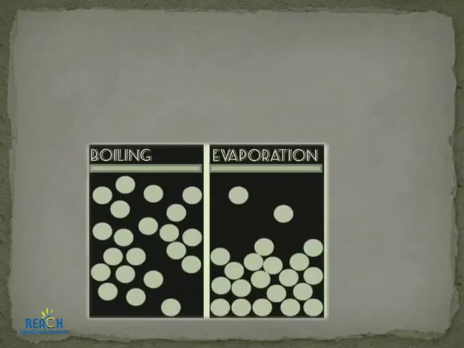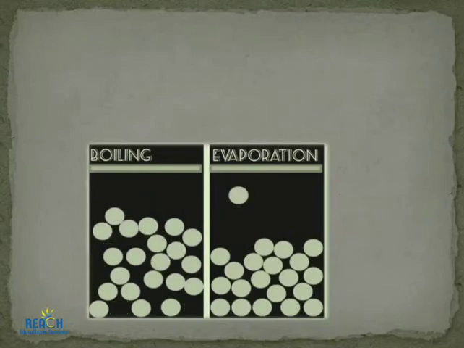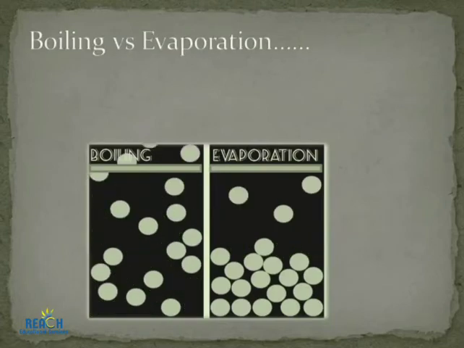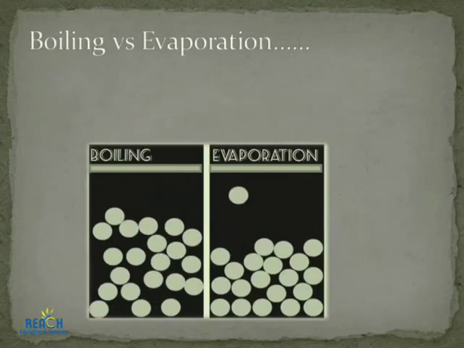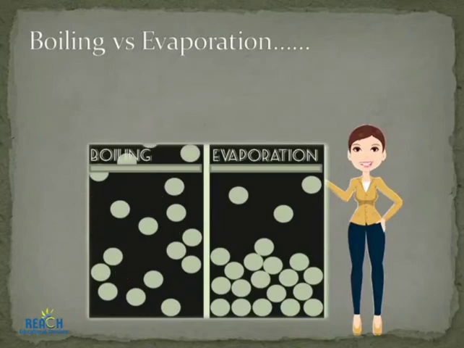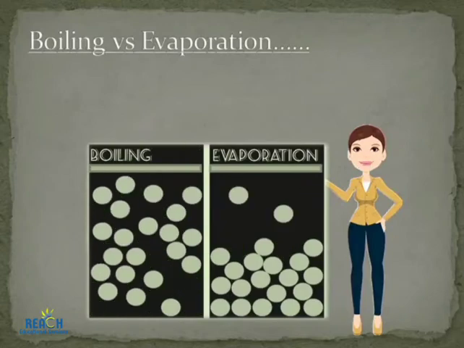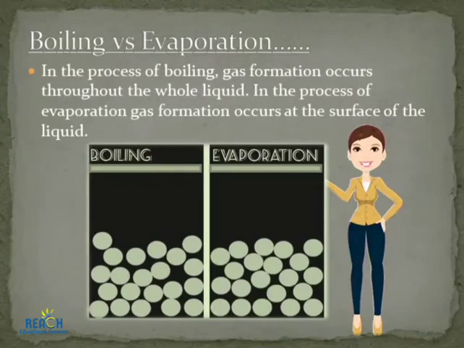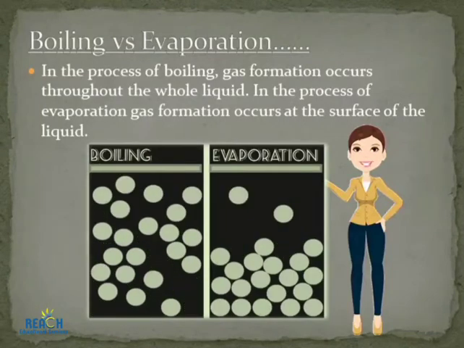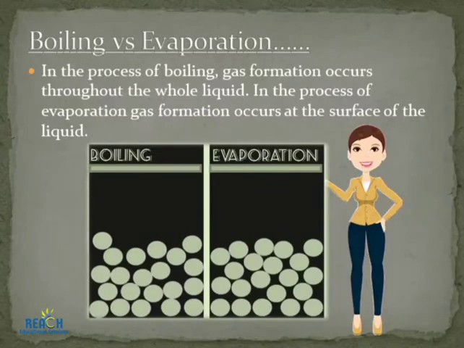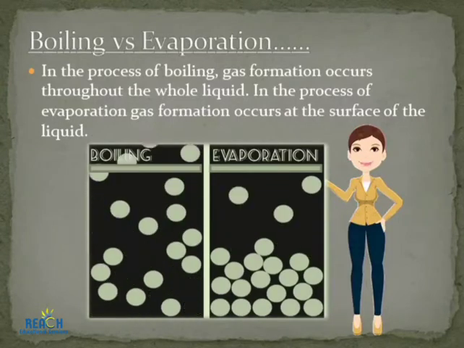So, we just said that a liquid becomes a gas by either boiling or evaporation. So, what is the difference anyway? When we boil a substance, we add heat to that system, and the addition of heat to the base of this system will cause the particles at the base to gain kinetic energy first.